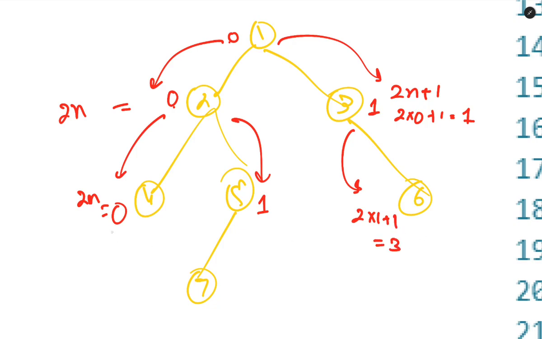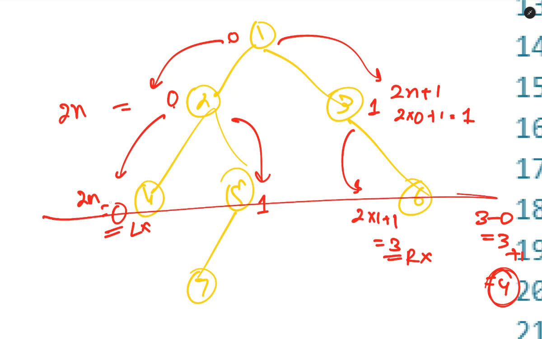So I will say that my Rx is equals to 3 and my Lx is equals to 0. So Rx minus Lx will be 3 minus 0 is equals to 3, and 3 plus 1 is equals to 4. So 4 are the total number of nodes in this level, and that is true also, right? Because the null here is somewhere in between it.